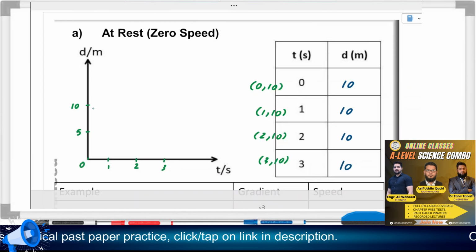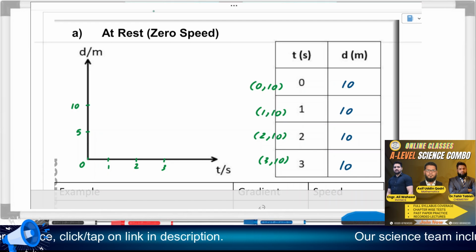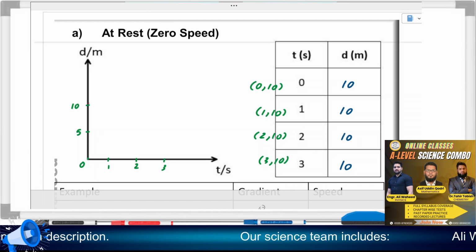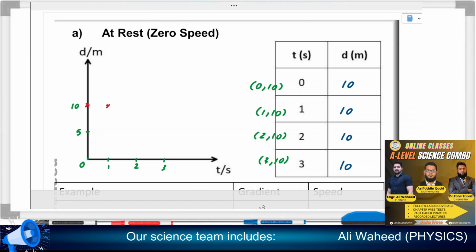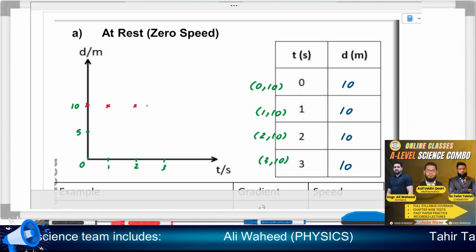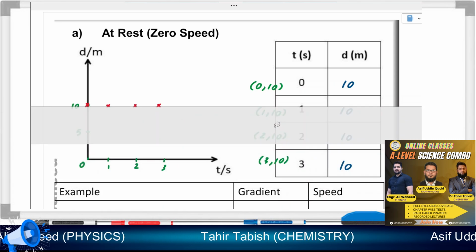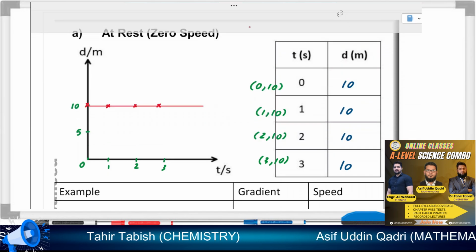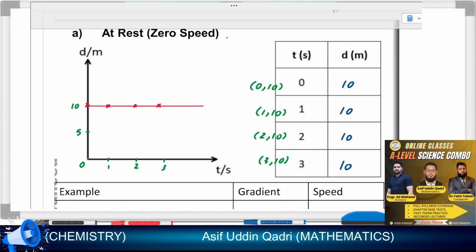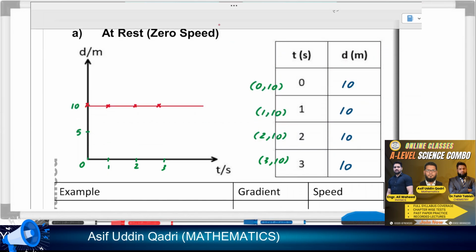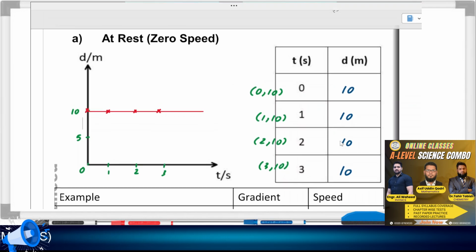So 0 against 10 would be someplace over here. 1 against 10 would be over here. 2 against 10 would be over here. 3 against 10 would be over here. If I join them with a straight line, it will look something like this. What do we know?